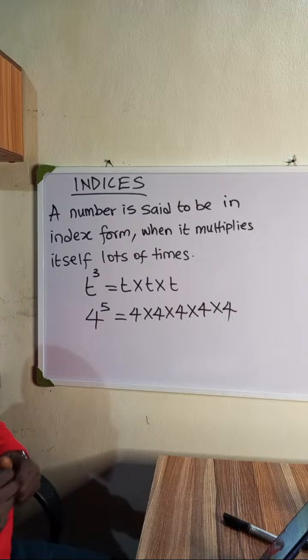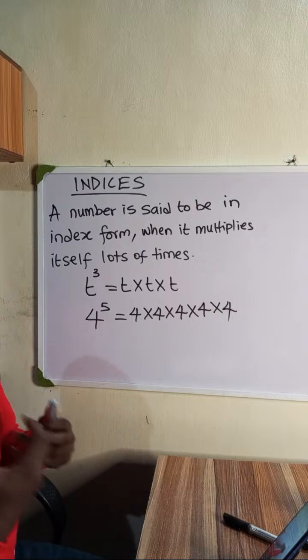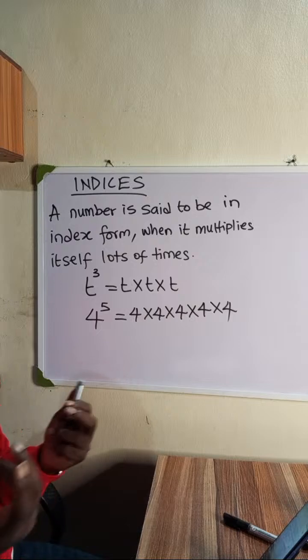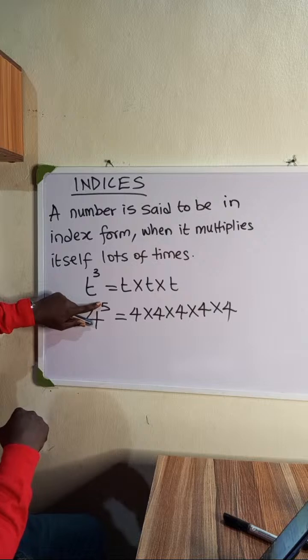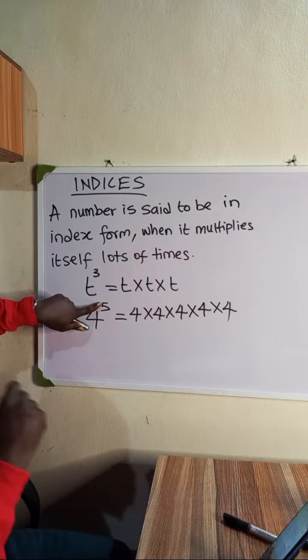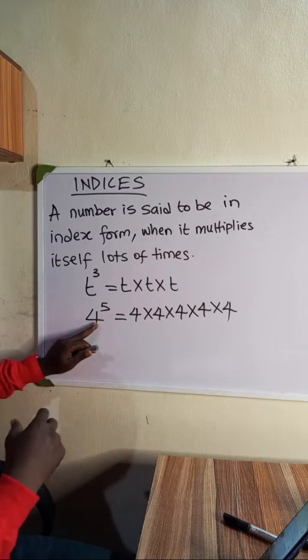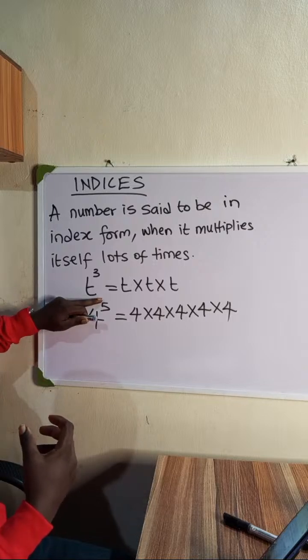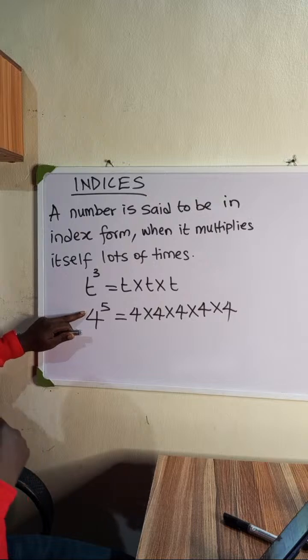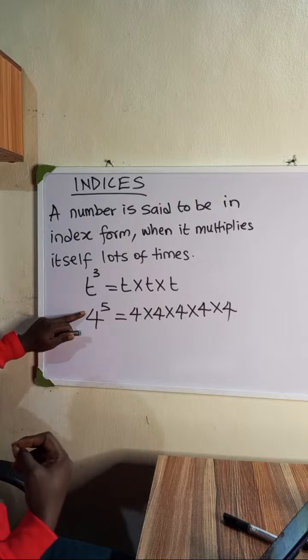So a number in index form shows that a particular number is multiplying itself a couple of times. So this power, this number here shows how many times this number is multiplying itself. This one here shows how many times this one is multiplying itself.